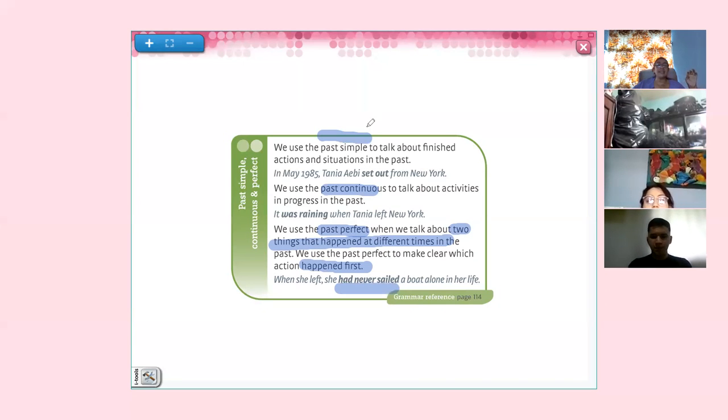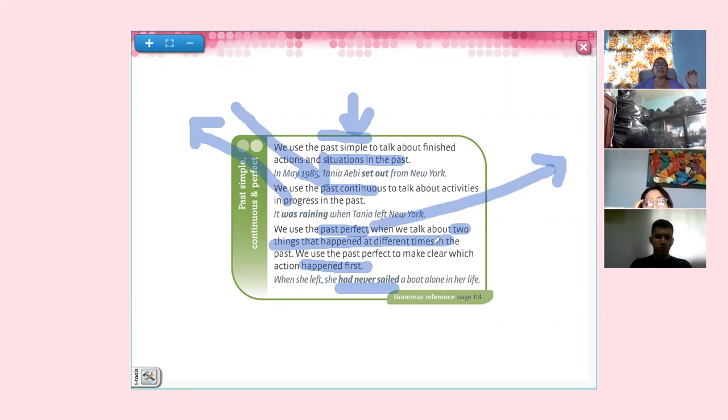Conclusion. Past simple refers specifically to an action in the past, no details. The past continuous refers exactly to activities in progress. And when we talk about the past perfect, we are talking about things that happen in two different processes, and what is most important is the action that happened first.